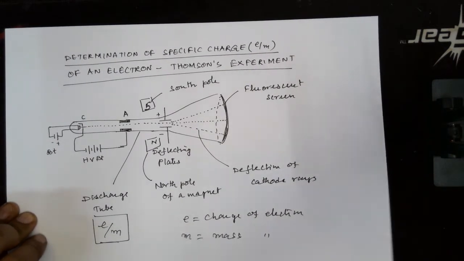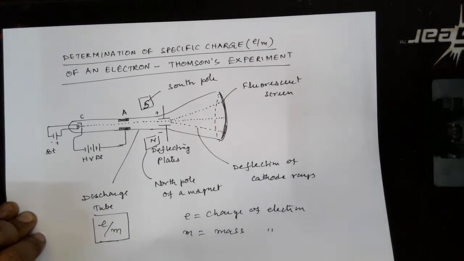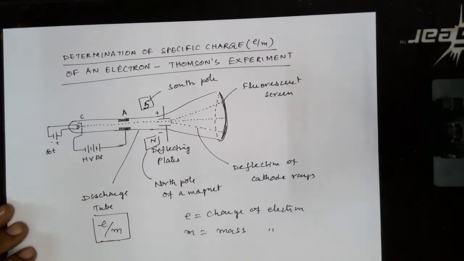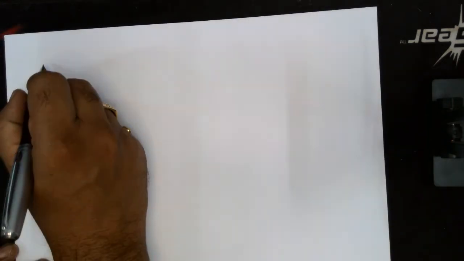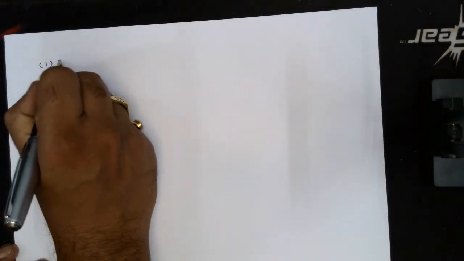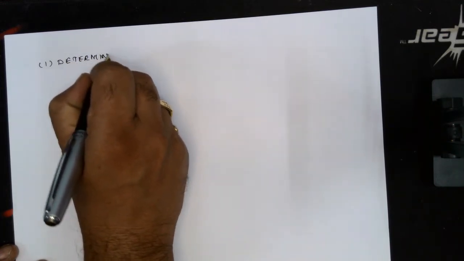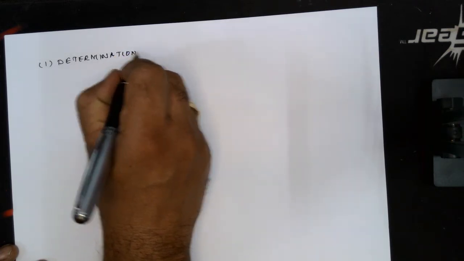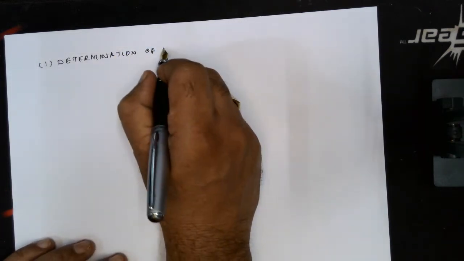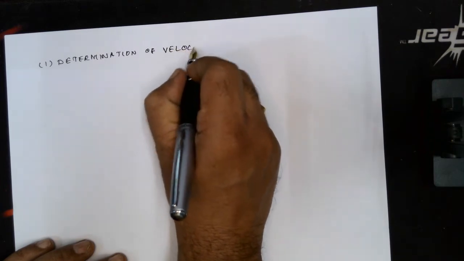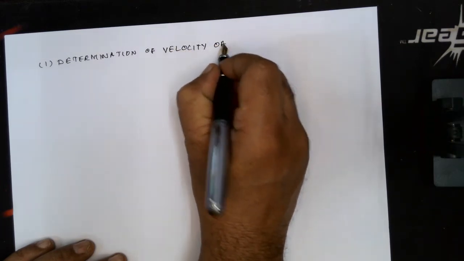Now with the help of this, we are going to study the determination of velocity of cathode rays.